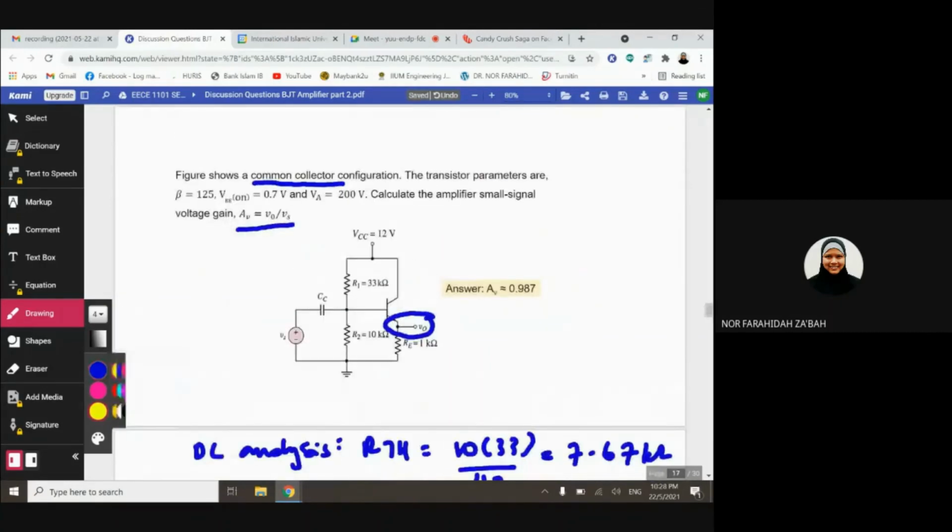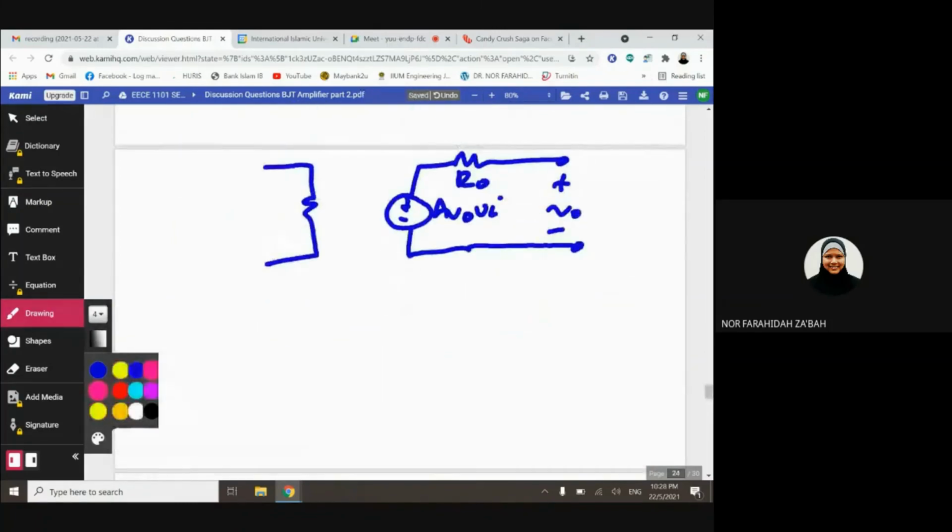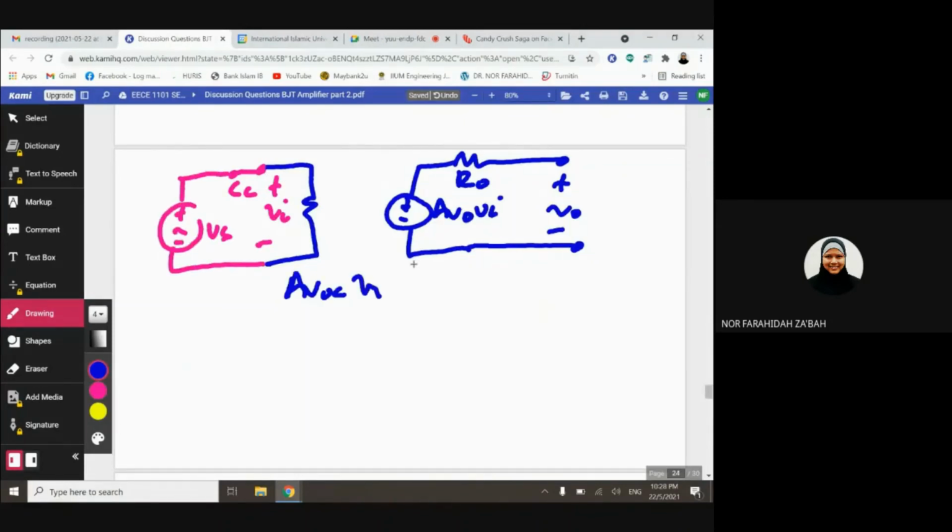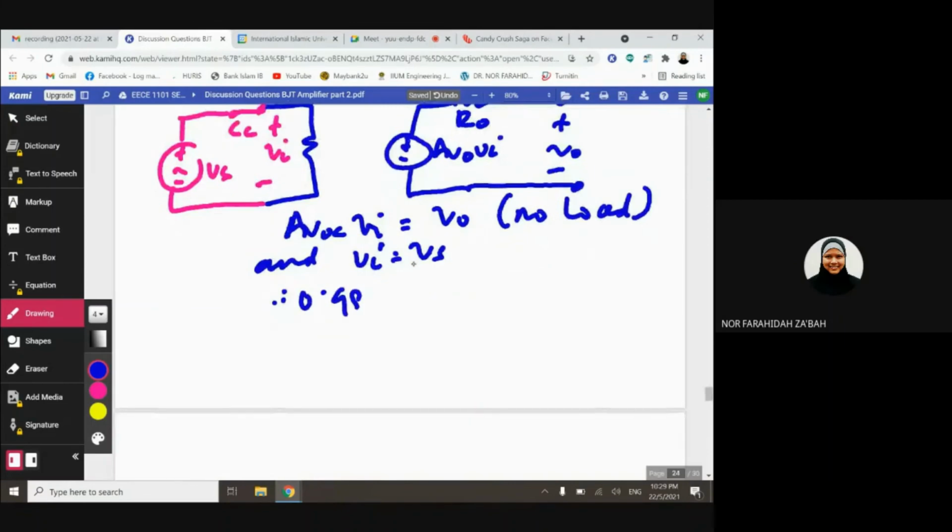You just need to short circuit the coupling capacitor, CC, and connect straight to the VS. AVOC VI is equivalent to V out because there is no load, and VI is equivalent to VS. So V out over VS is 0.9868.